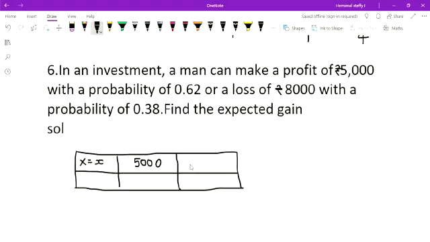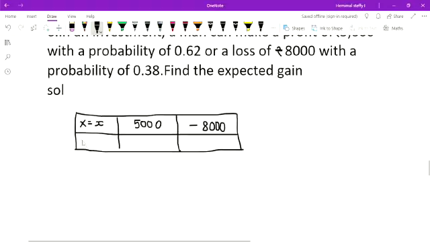So in the loss place I put minus 8,000 because it is a loss. Then the P of x: for 5,000, what is the probability? 0.62. For minus 8,000, the loss, the probability is 0.38.